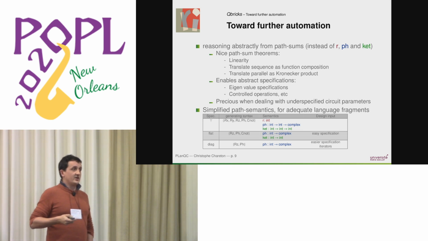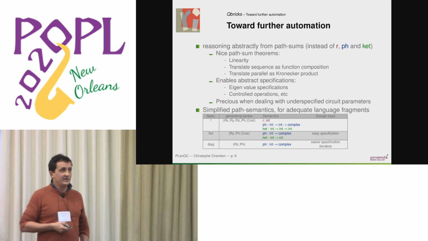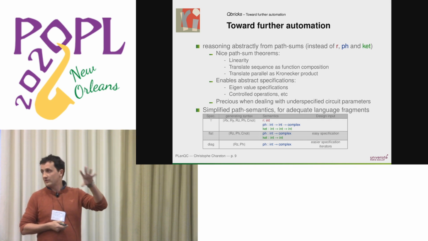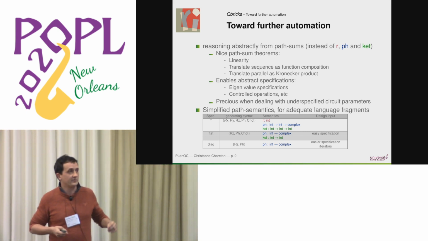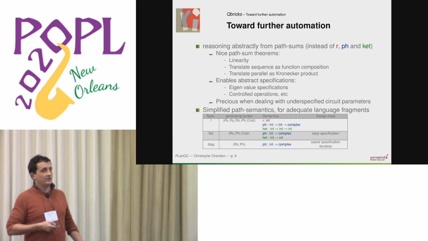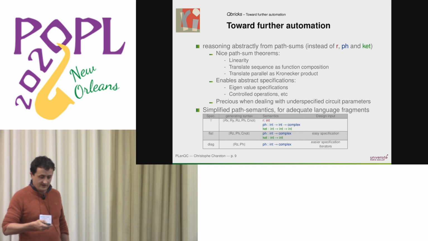This is the first direction, and the second direction was simply to identify fragments of the language, subclasses of quantum circuits, for which there is a simplified version of the path-sum semantics. And so here, two of such fragments, what I call flat and diagonal fragments, with the type of the semantics that is simplified.